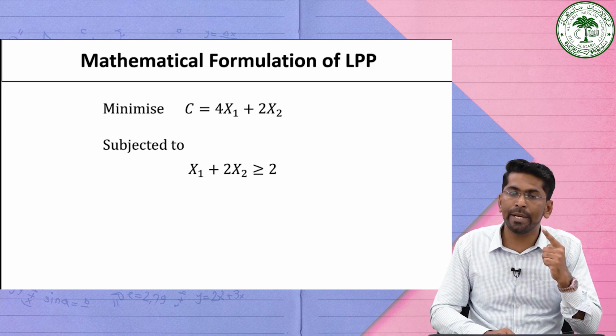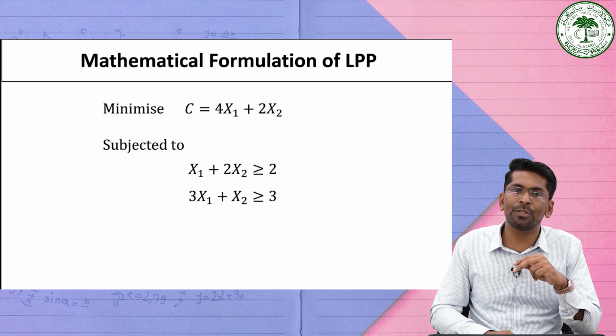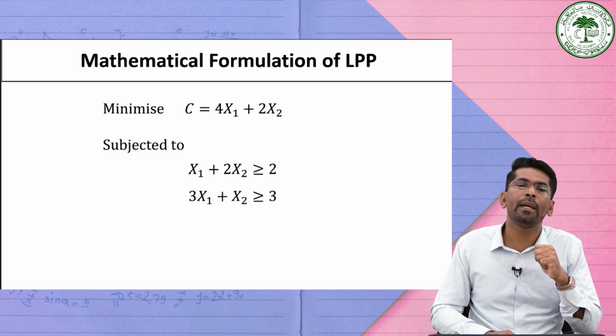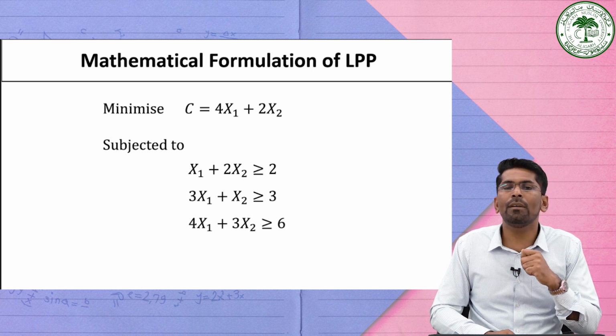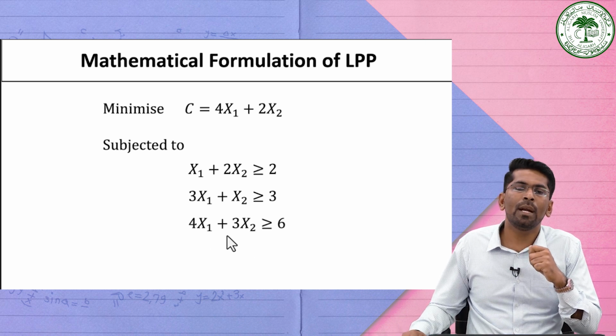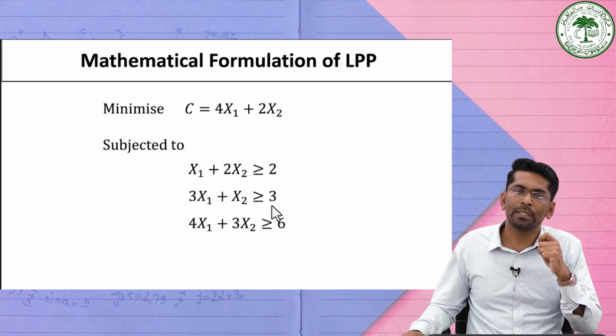This is the first constraint. Subject to another constraint, 3x1 plus x2, which is also greater than or equal to 3, and the third constraint, 4x1 plus 3x2, which is greater than or equal to 6. So the first one was in the form of protein, carbohydrate, and fat.